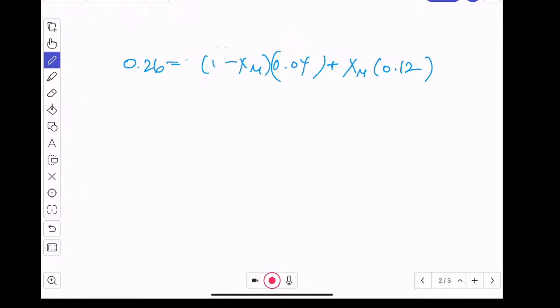So that's going to be 0.26 equals 0.04 minus 0.04 XM plus 0.12 XM. So that's 0.08 XM.